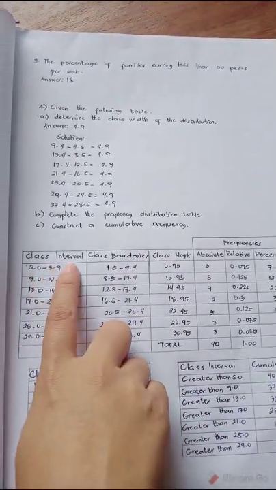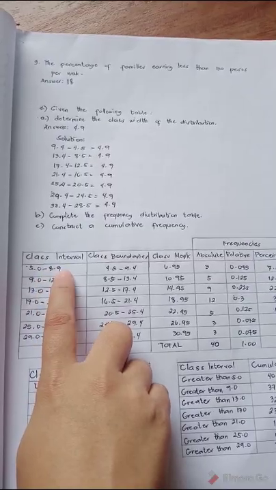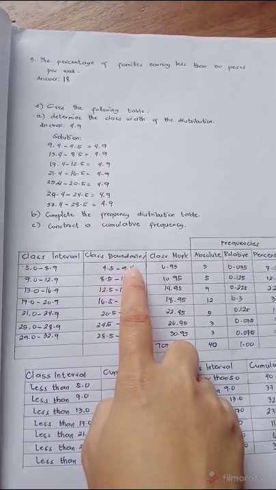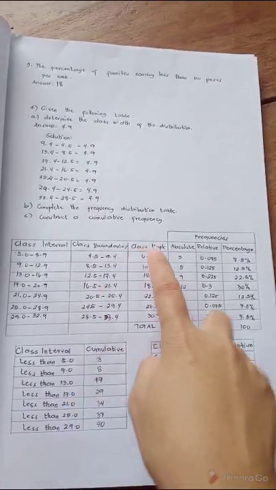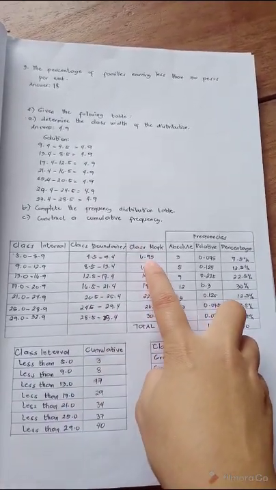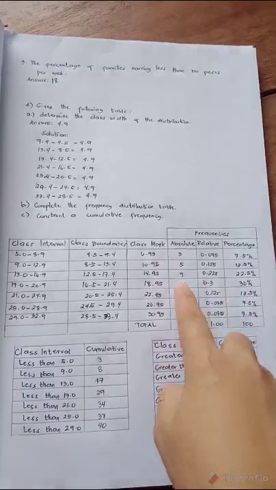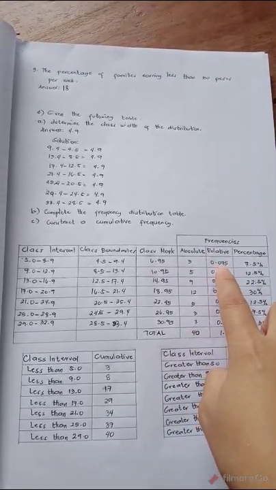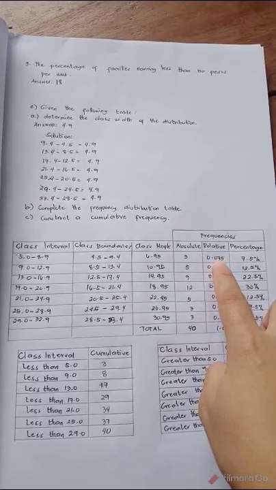For class interval 5.0 to 8.9, my class boundary is 4.5 to 9.4. The class mark is 6.95, and these are the frequency and the relative frequency of 0.075.